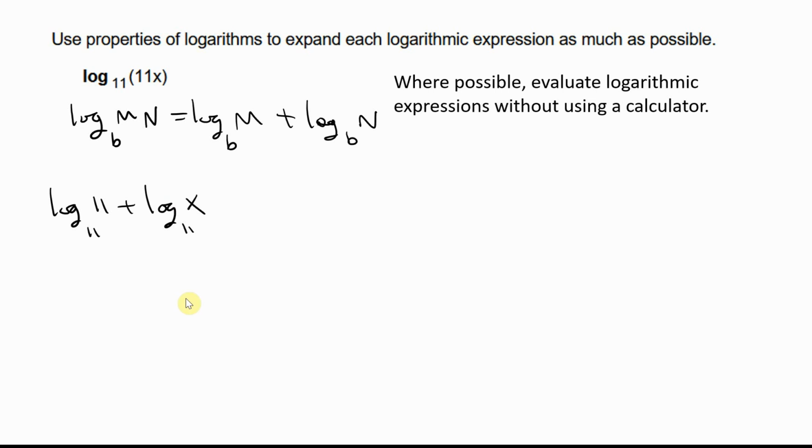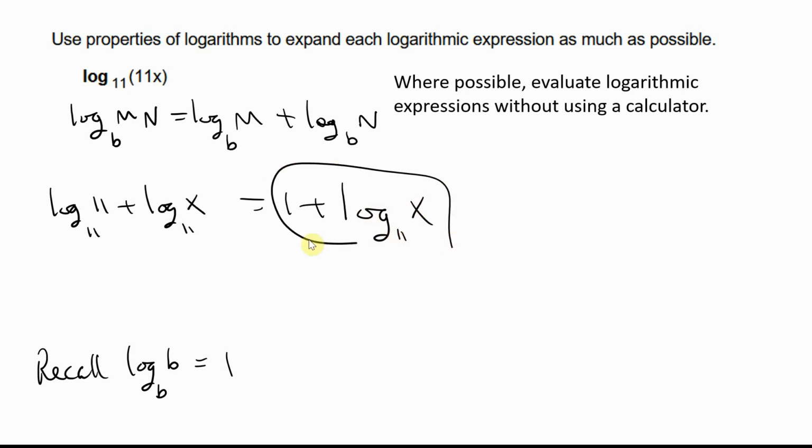Now, notice we have a neat property here. Recall, if we have log base b of b, we said that this was equal to 1. So this becomes 1 plus log base 11 of x.